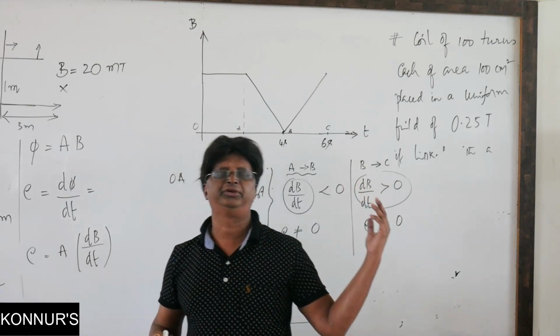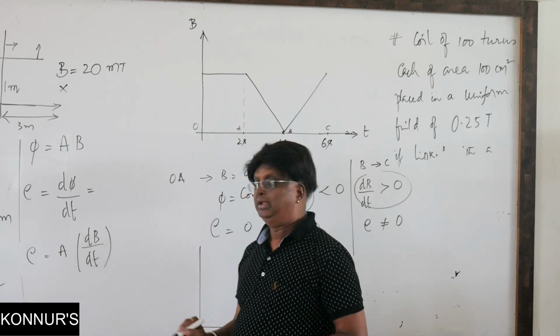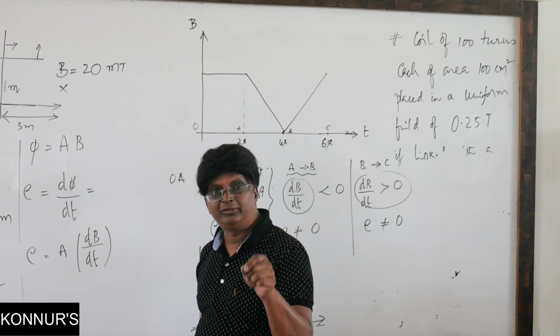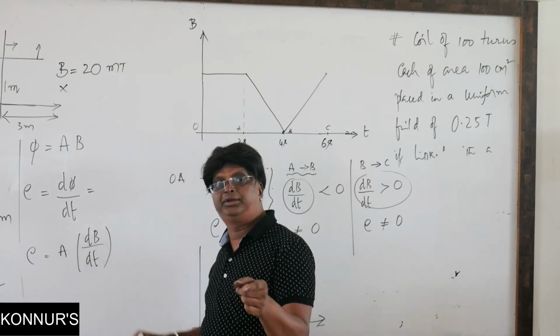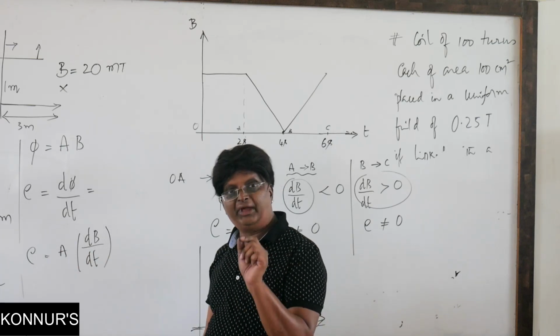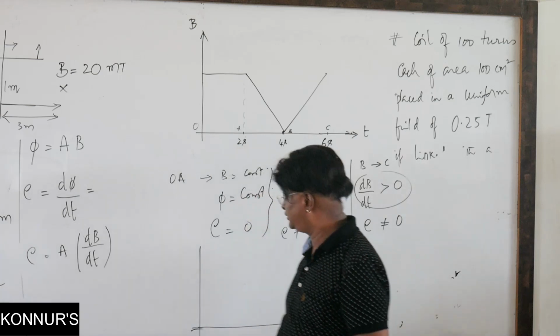Of course, I have taken cos theta as 1, all that orientation. A times dB by dt. When dB by dt is constant, E is also constant. When dB by dt is variable, then E is also variable. So that logic is more important in now drawing the answer curve.